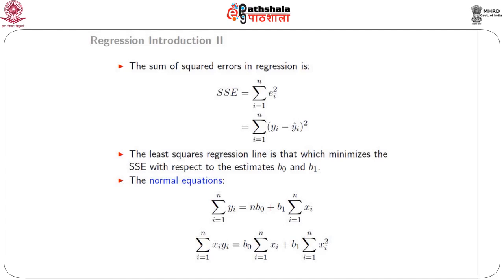When we differentiate SSE with respect to beta naught, the equation is in the form summation i equals 1 to n y i minus n times beta naught minus beta 1 summation i equals 1 to n x i equals 0, and with respect to beta 1, the equation is summation i equals 1 to n x i y i minus beta naught summation i equals 1 to n x i minus beta 1 summation i equals 1 to n x i square equals 0.